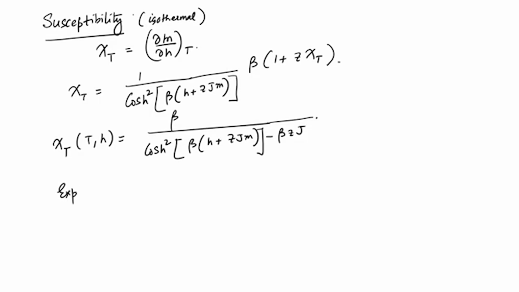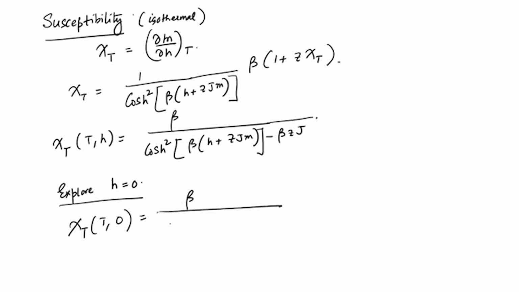So, explore the behavior for H equal to 0, that is the external magnetic field equal to 0. So, chi(t, 0) is equal to beta divided by cosine hyperbolic square (beta Z j m) minus beta Z j.